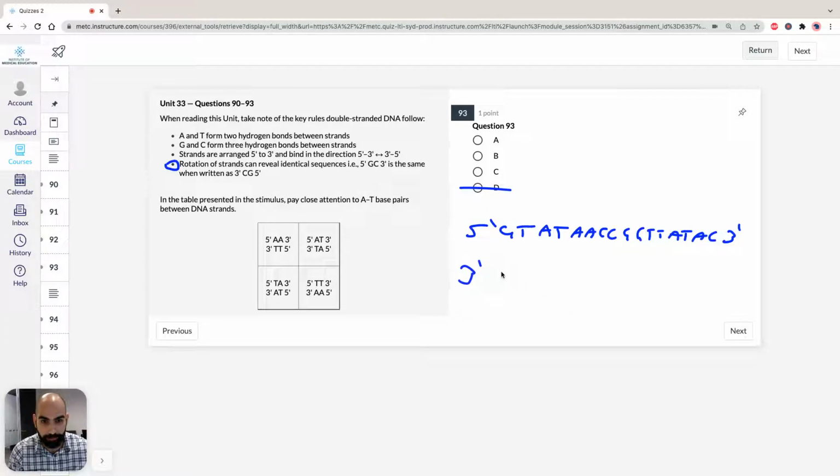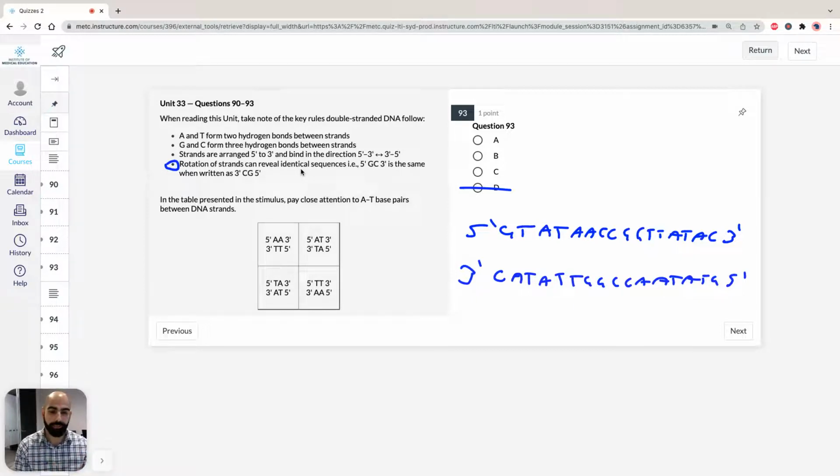So C, A, T, A, T, T, G, G, C, C, A, T, A, T, G. So this strand is exactly the same as this strand because we just wrote it backwards, and we know that's true because of the rule here. Rotation of strands reveals identical sequences.